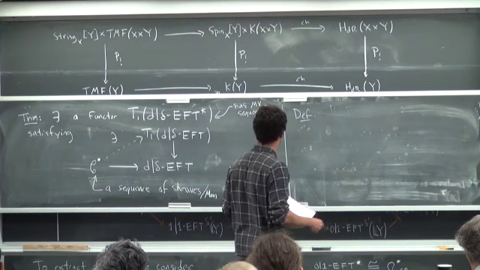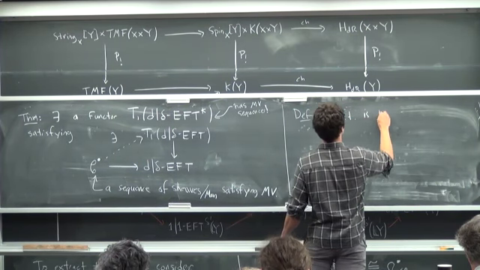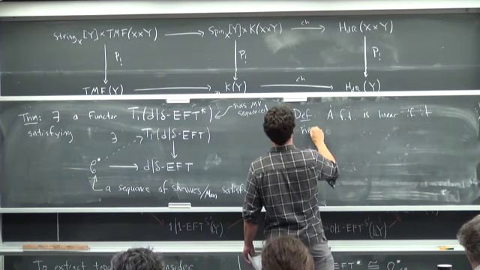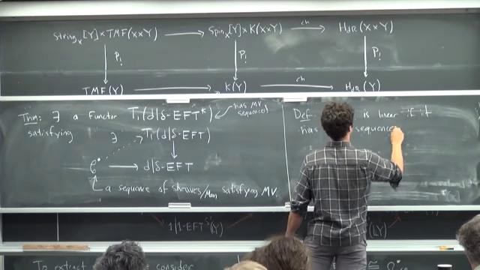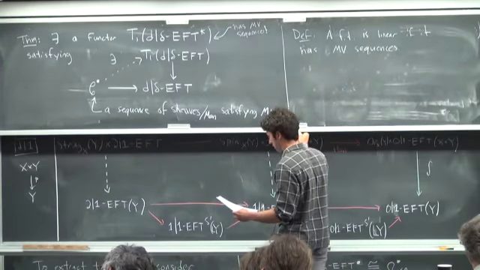I should have said a field theory is linear if it has Mayer-Vietoris sequences. Almost out of time.